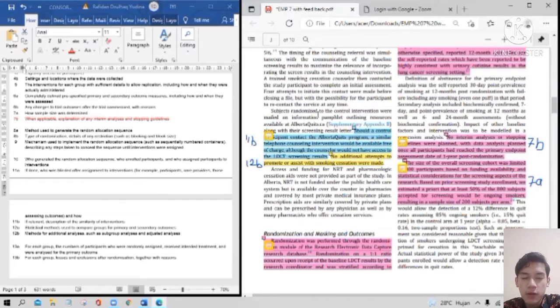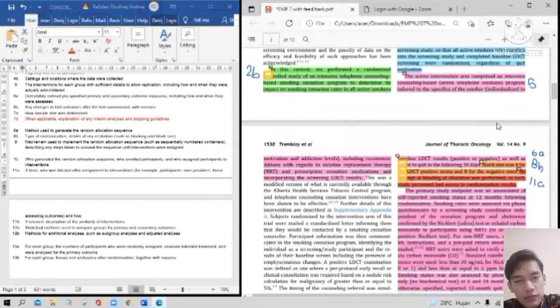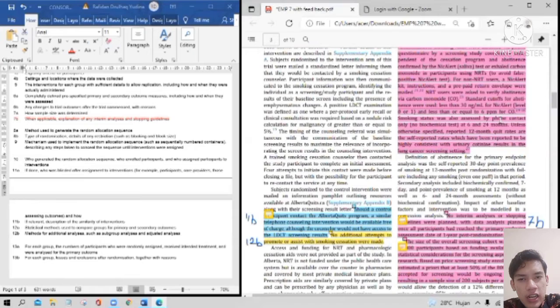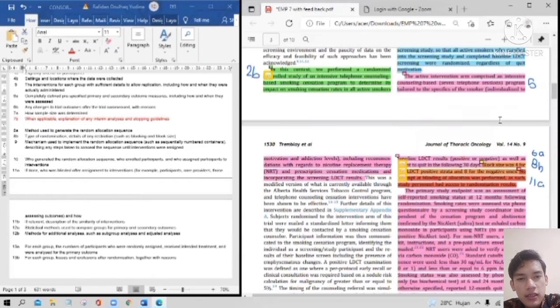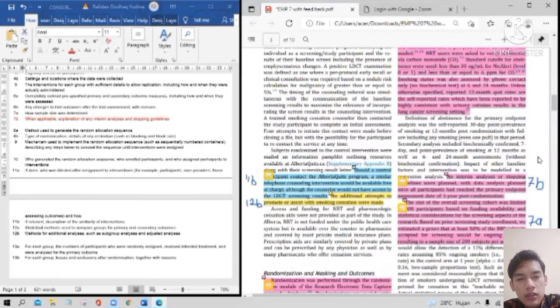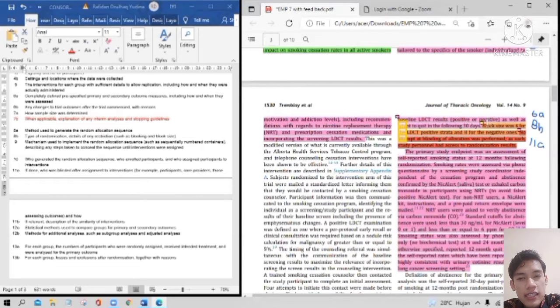Okay, wait. 8B. You can read in the paragraph that block size was 4 for the LDCT positive strata and 8 for the negative ones.